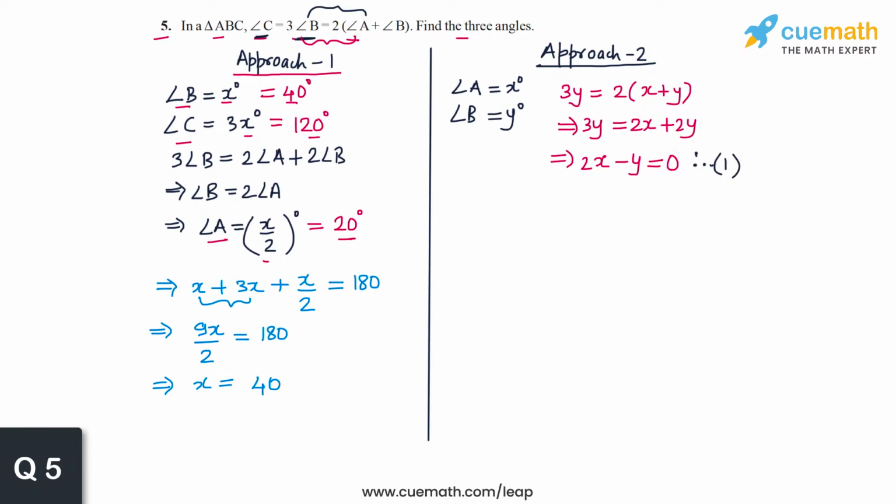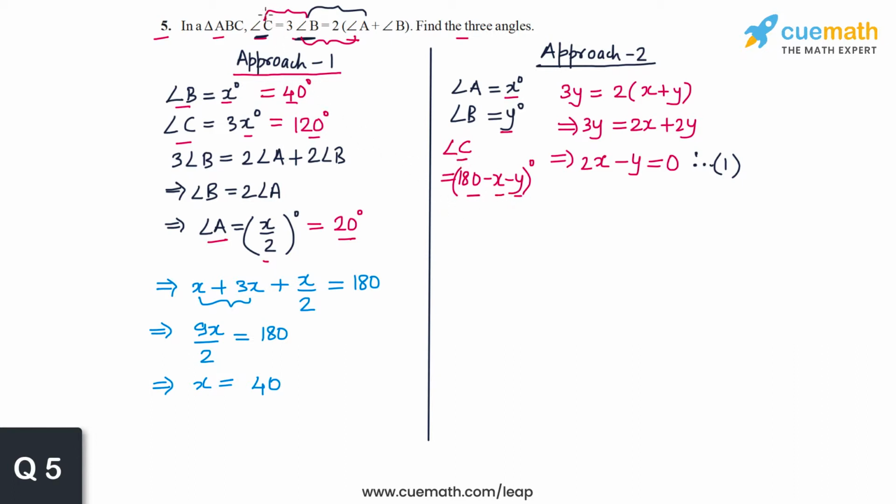The second equation we can obtain by taking this equality, angle C is equal to 3 angle B. Now I can first write angle C as 180 minus x minus y degrees, because the sum of the three angles is 180 degrees, and two of those angles are x degrees and y degrees. So the third angle will be 180 minus x minus y degrees.